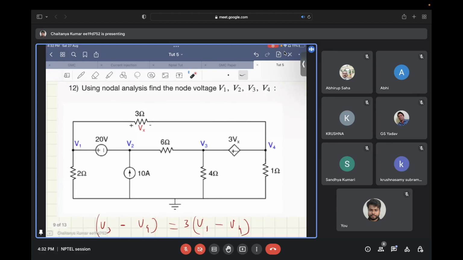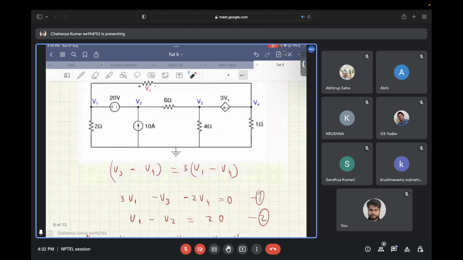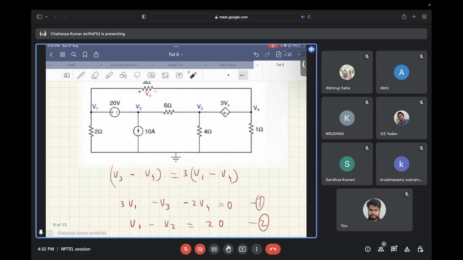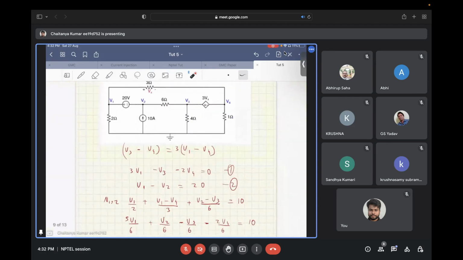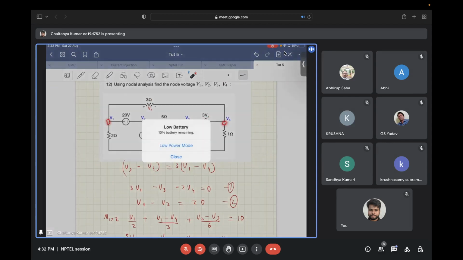Okay, so let's see how to do it. Again, you have two supernodes that are being formed in this question. For the first one, V3 minus V4 is equal to 3Vx, and Vx is nothing but V1 minus V4.